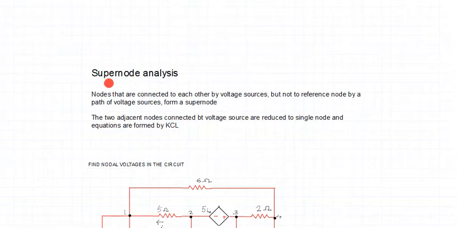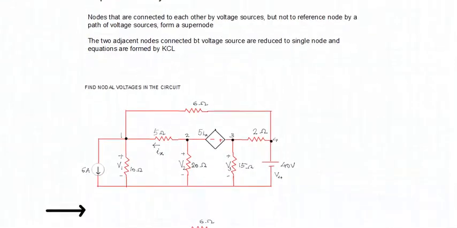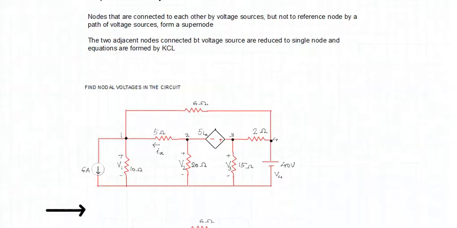Now let me help you understand this in a much better way by looking at a particular problem. Look at this problem. It says find the nodal voltages in the circuit, and they have marked the nodes 1, 2, 3 and 4. There are a total of 4 nodes, and we are asked to find the nodal voltages.